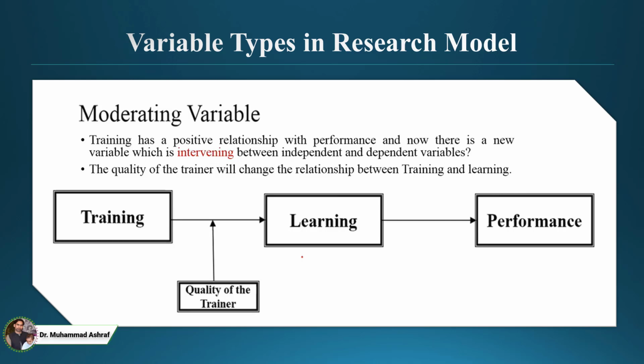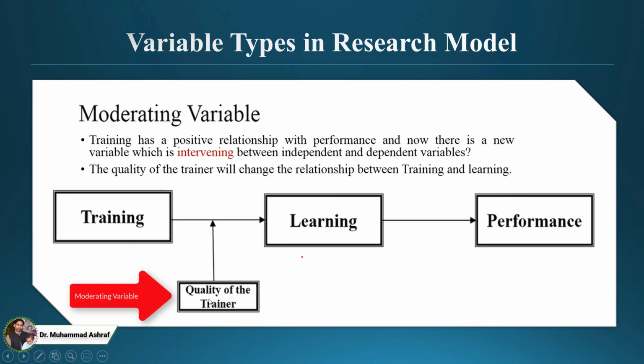Whereas a moderating variable moderates the relationship between the independent and dependent variables. In other words, the moderating variable is a variable which moderates the relationship between two variables. In this example, training has an impact on learning, but this impact is moderated by the quality of the trainer.